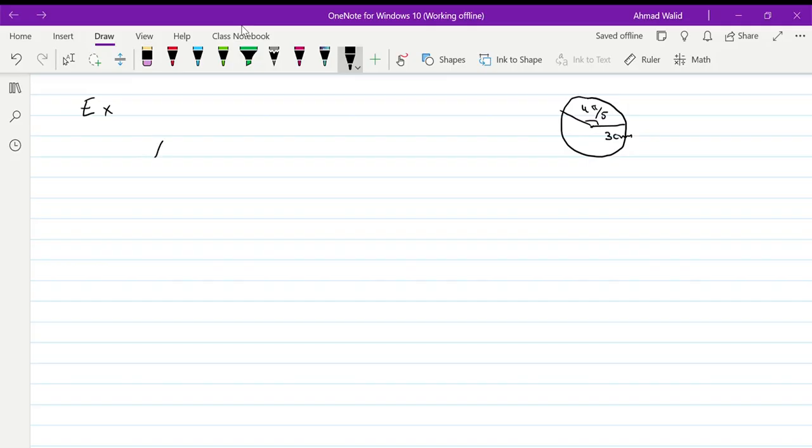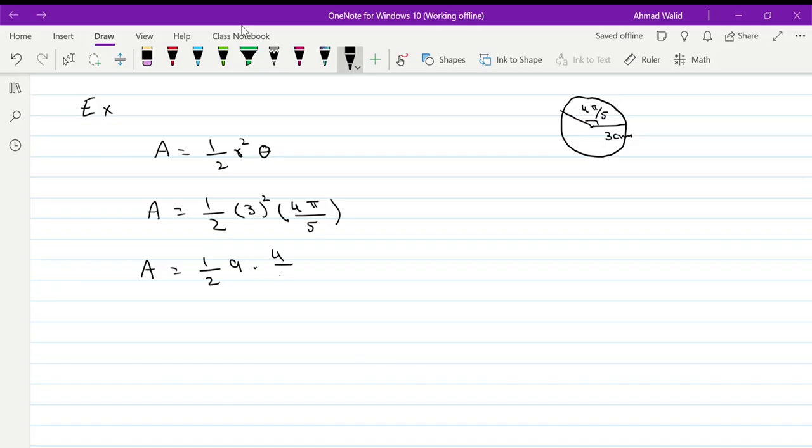Formula: A equals 1/2 r squared theta. It means A equals 1/2 of 3 squared times theta, which is 4 pi over 5. Correct? Then A equals 1/2 of 9 times 4 pi over 5. 1 time, 2 times 9 gives you 18.